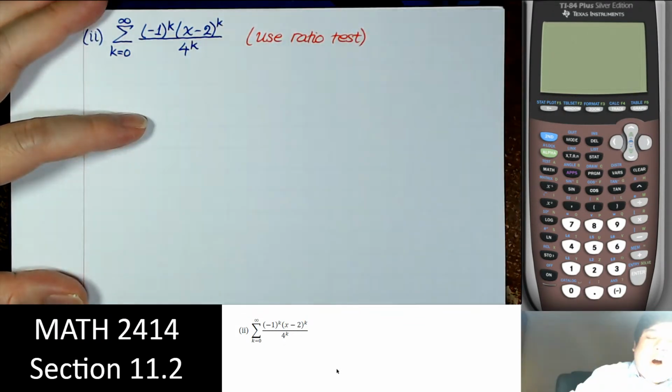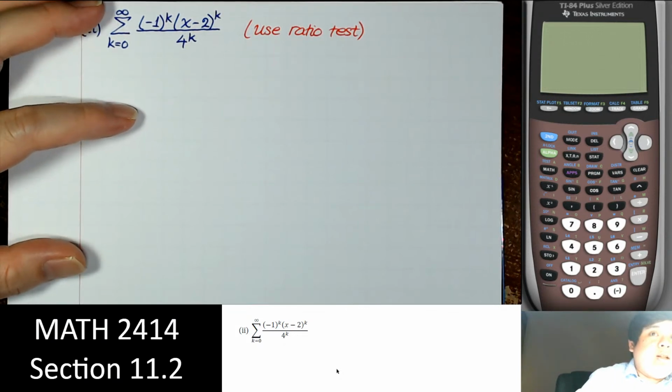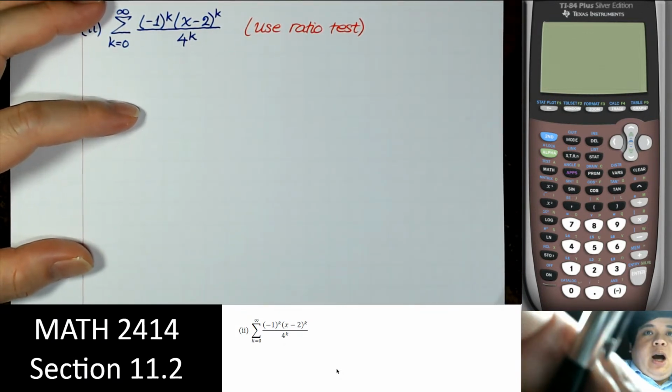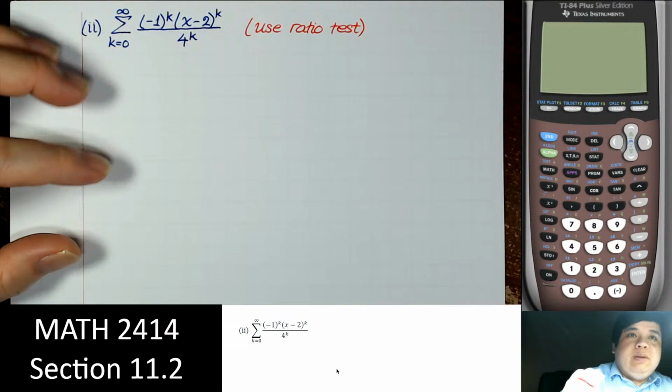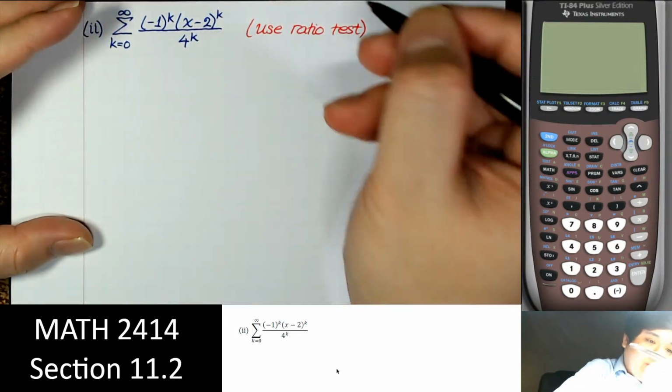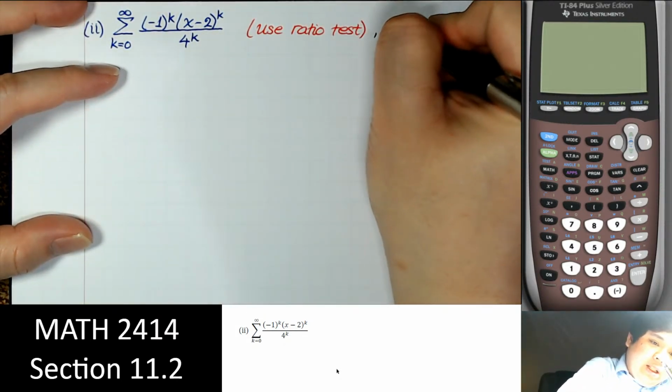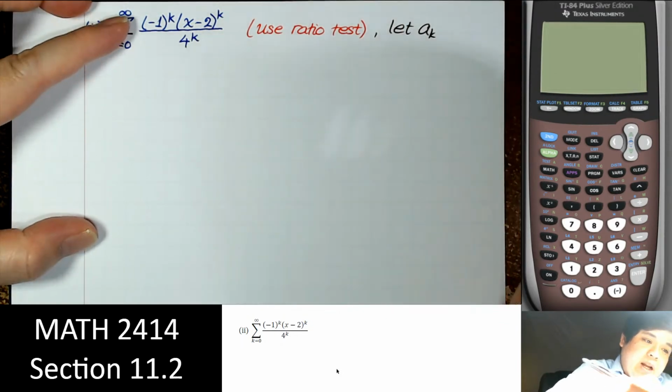Usually when we're trying to find the radius of convergence or interval of convergence, we use the ratio test. So in that case, let A sub k be that term.